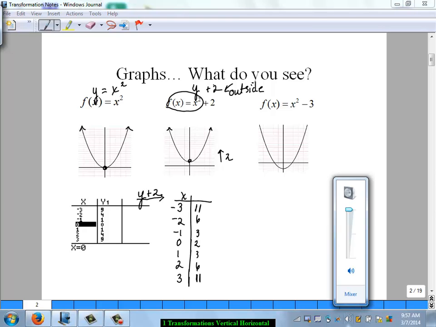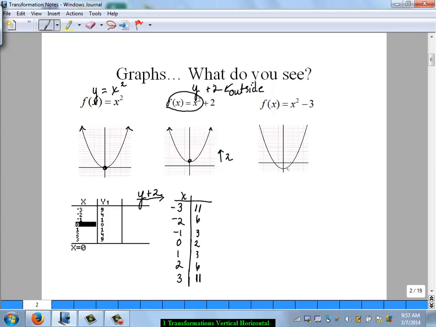Right? Now let's look at our original here, and then we're going to look at this graph. This one looks like it's been shifted down 1, 2, 3. So it looks like it's moved down 3. Let's look at our function. Here's my original function, f of x equals x squared. So there's my y, and I subtracted 3. So I took all my y's and I subtracted 3. So now for my table, I'm going to do the arrow from here because you're doing it from your original functions.